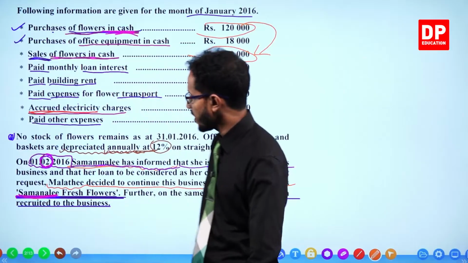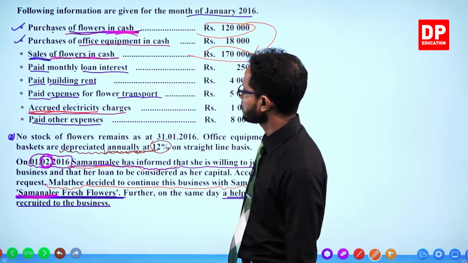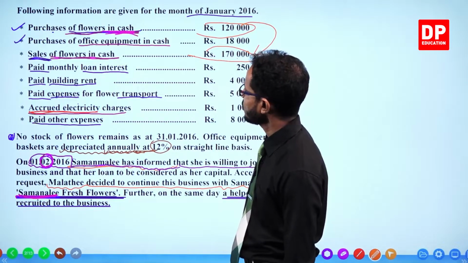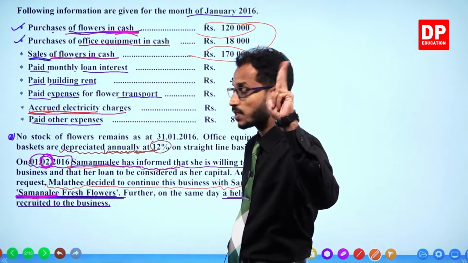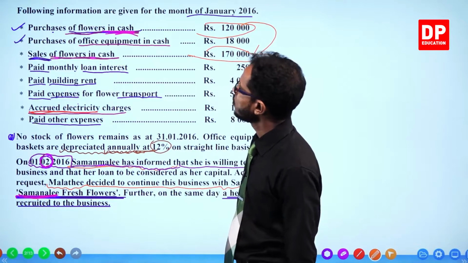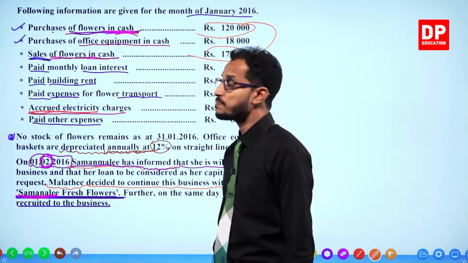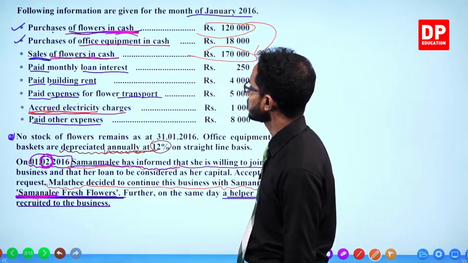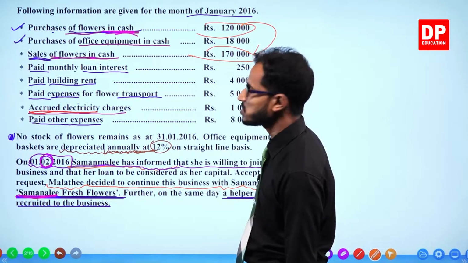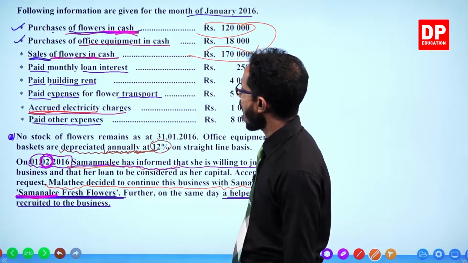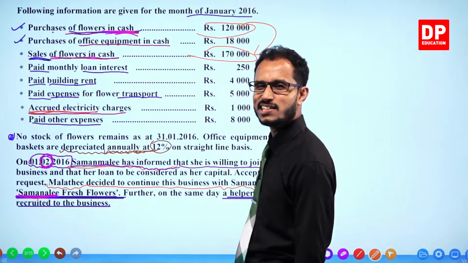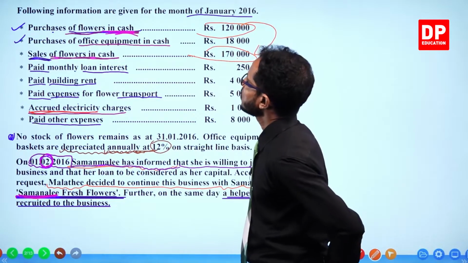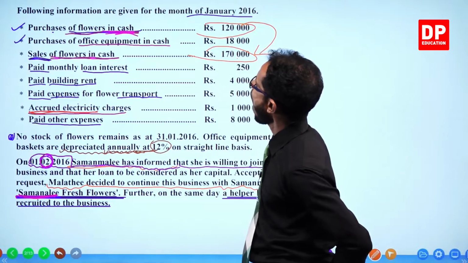General journal, that's right. So we have two prime books now: cash book and general journal. All paid ones go to the cash book. Unpaid ones should be entered into the general journal. No purchases journal, huh?